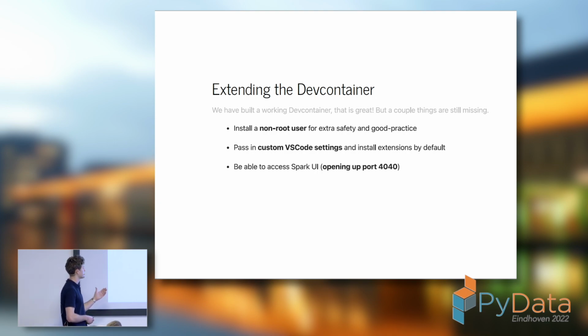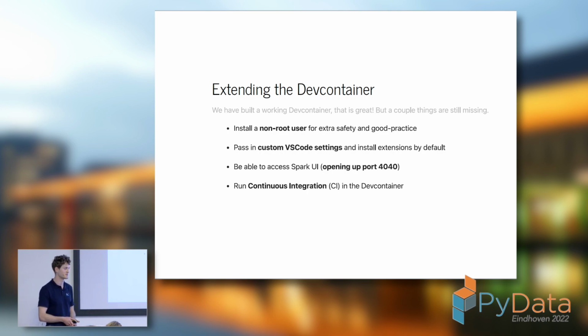Well, we're doing Spark stuff, so it might be nice to access the Spark UI as well. And then also, given that we already Dockerized our development environment, could we also use it to run our CI steps inside this image?